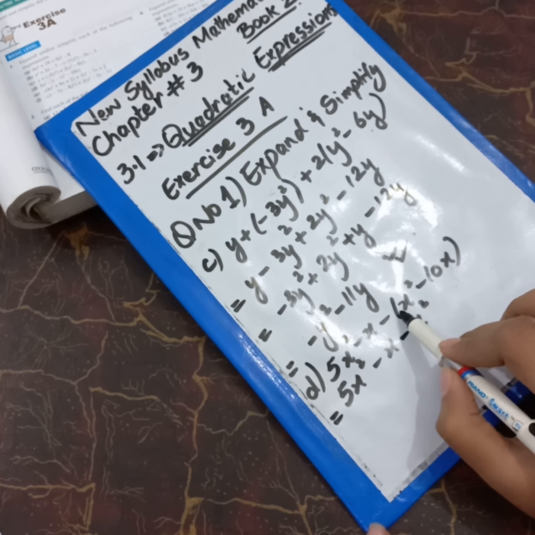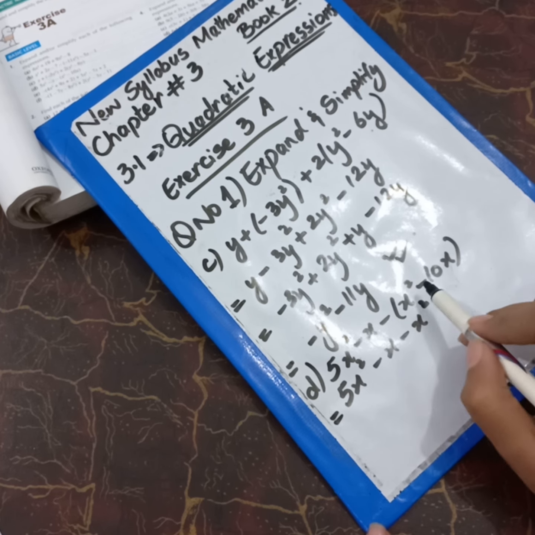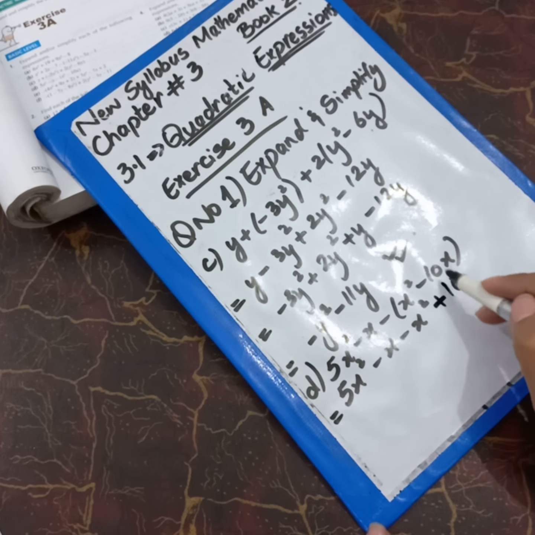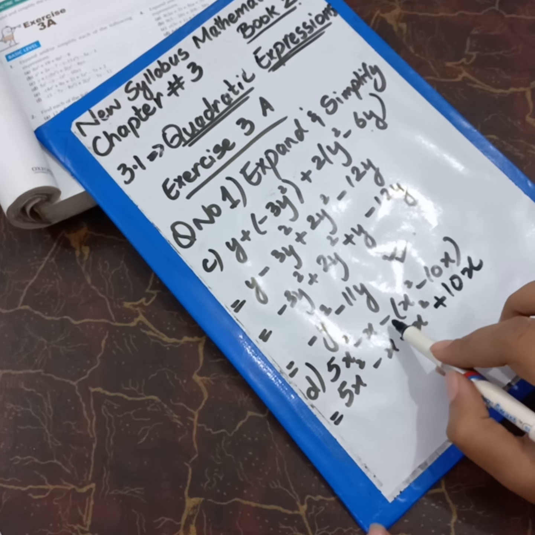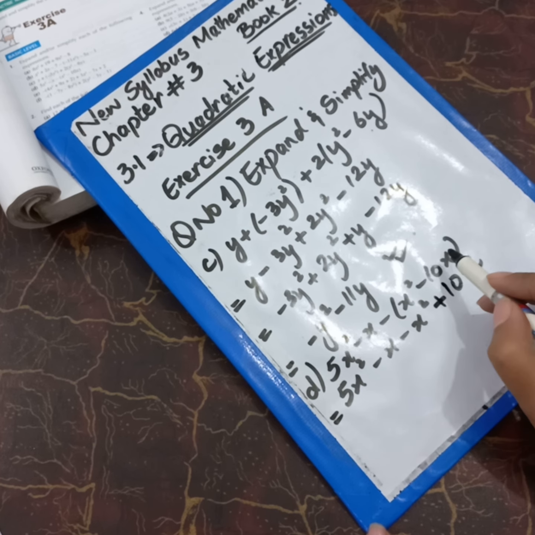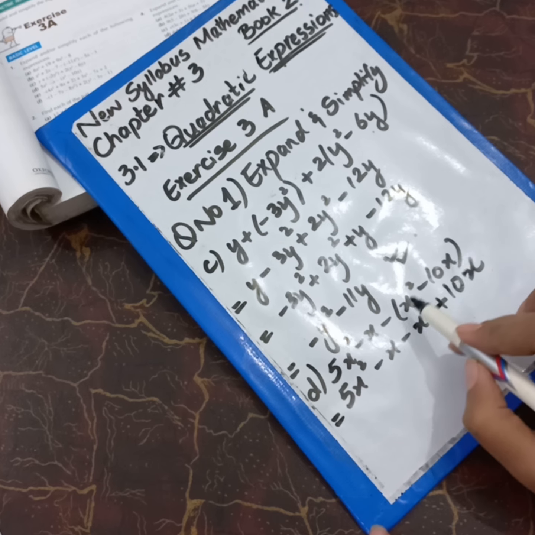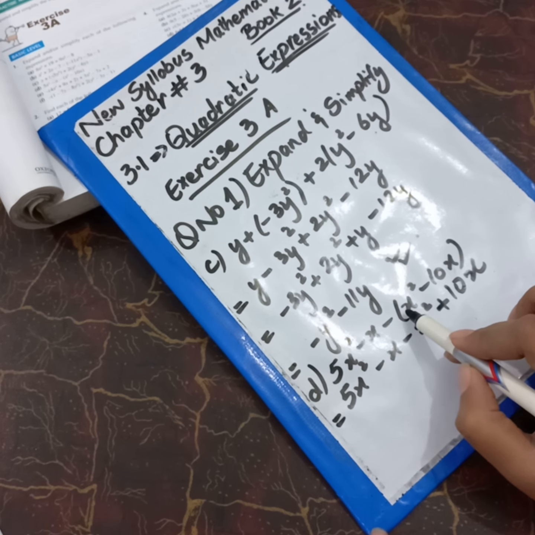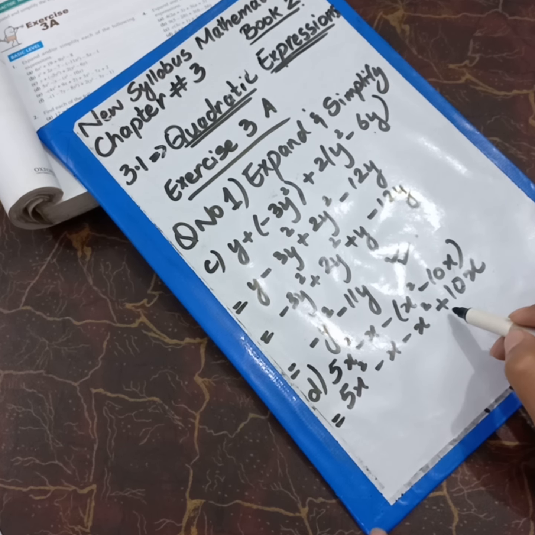So this x square was positive, this minus sign has made it negative while opening the bracket. Now minus minus is positive, this negative 10x becomes positive due to this minus sign. Remember, when there is a minus sign outside the bracket, when we open the bracket, the signs of the bracket will be changed, opposite to it. If some term is positive, it becomes negative. If some term is negative, it would be changed into a positive sign.